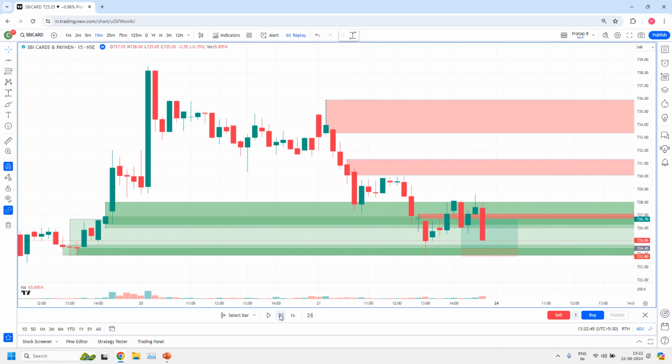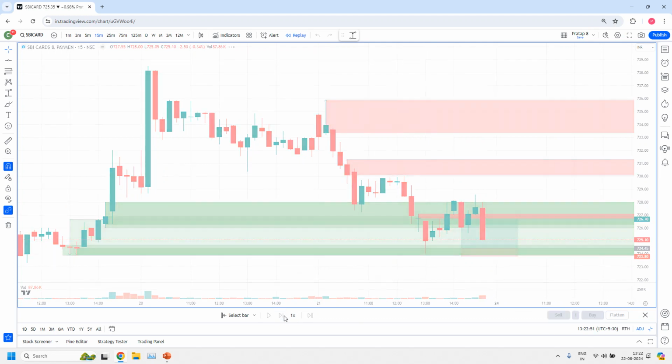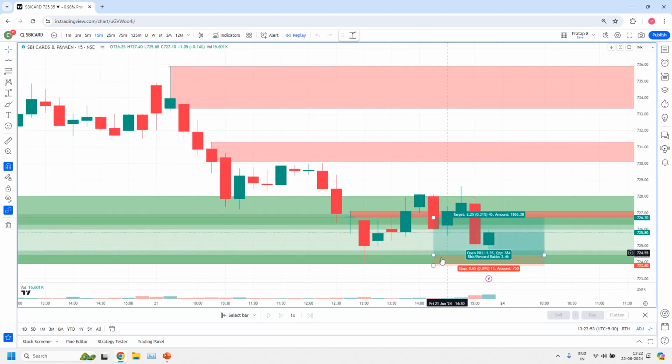And again moved up and again came down. And once again, it picked up the orders, the last candle, and moved up. That is before closing the market. But finally, it gave a very good return to you. During the intraday itself, it has given you short-term return.